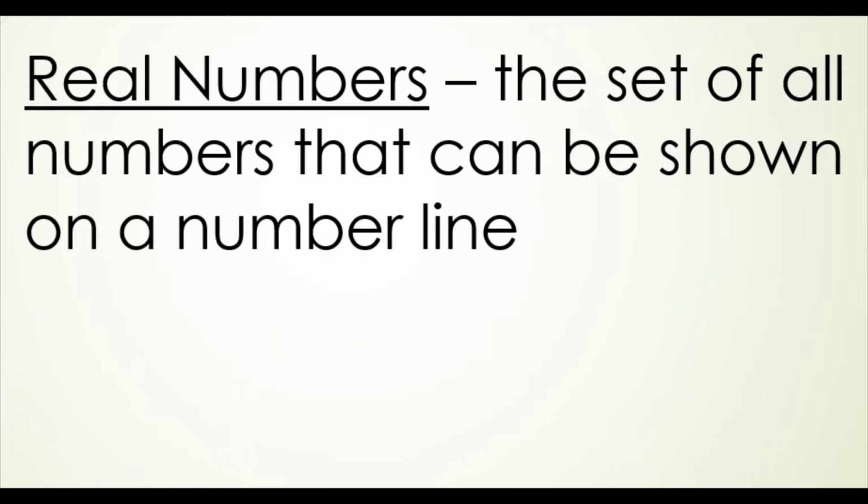And so it's going to include numbers like the square root of 2 or pi that you can't write as a fraction, because as a decimal they would just go on forever and never repeat. So those are called the irrational numbers, and the real numbers include those irrational numbers as well as all of the other numbers that we've talked about.